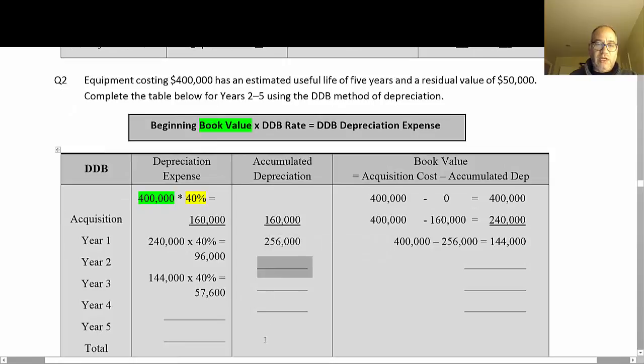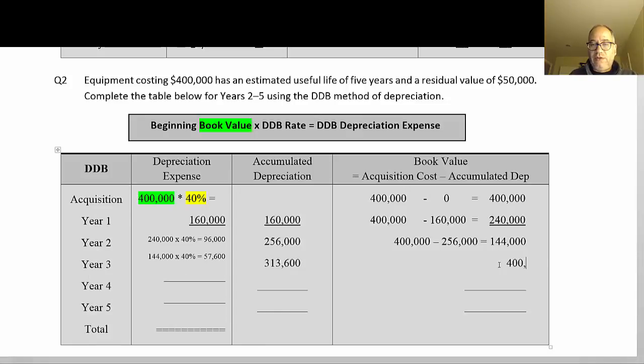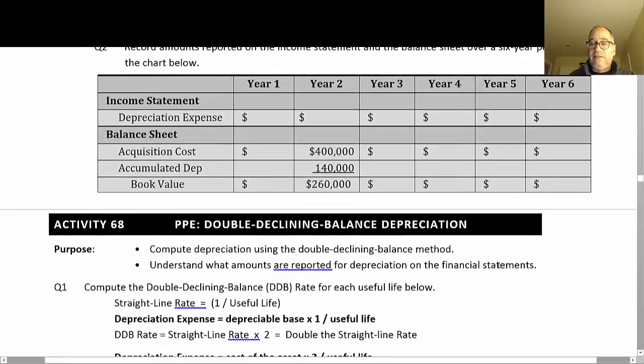Accumulated depreciation would be 256,000 plus 57,600, which gives 313,600. So book value would be 400,000 minus 313,600, which equals 86,400.